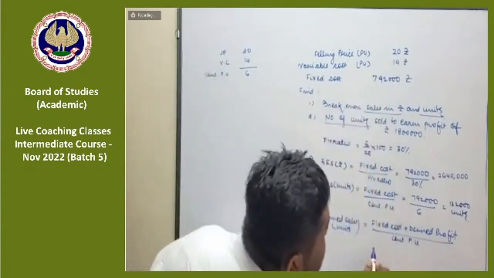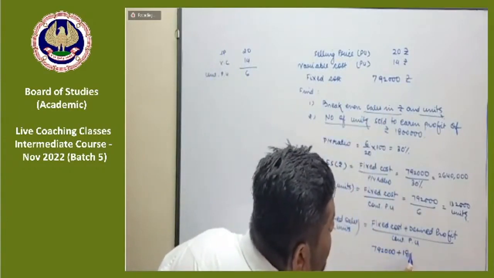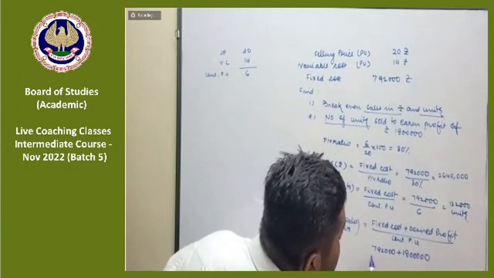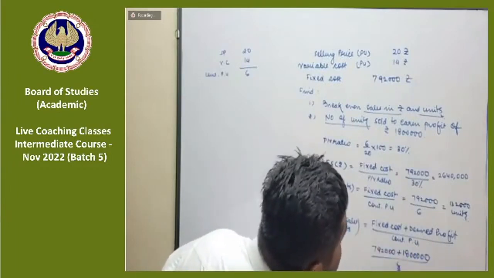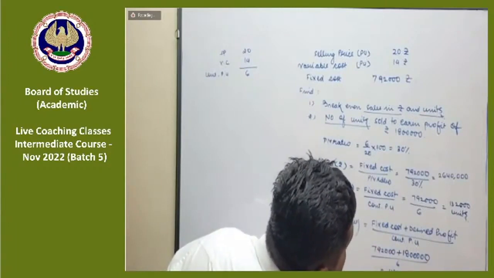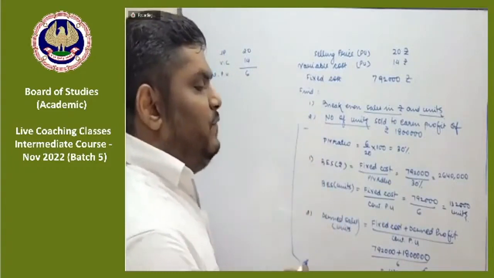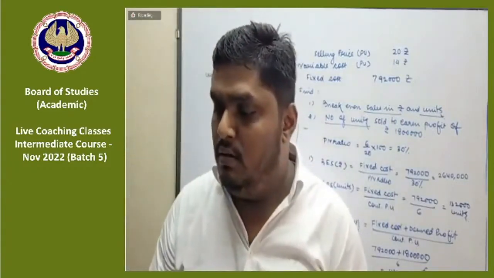So my fixed cost is 7,92,000. My desired profit is 18 lakh divided by my contribution per unit, that is 6. So 4,32,000 units. So this is the way you have to write the solution.